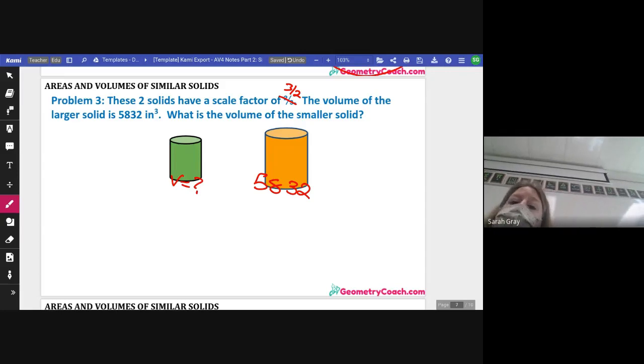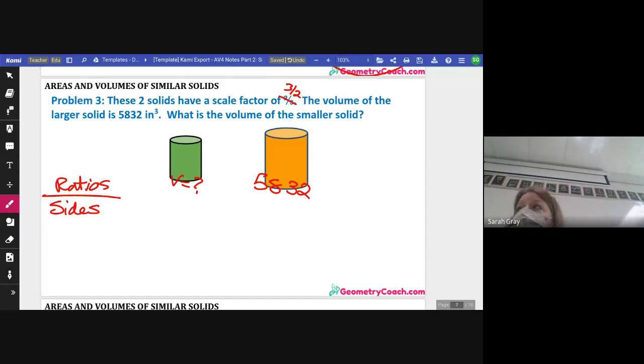So that means we need the ratio of volumes. Start with the ratio of sides. If our scale factor is 3/2, what is the ratio of the sides?